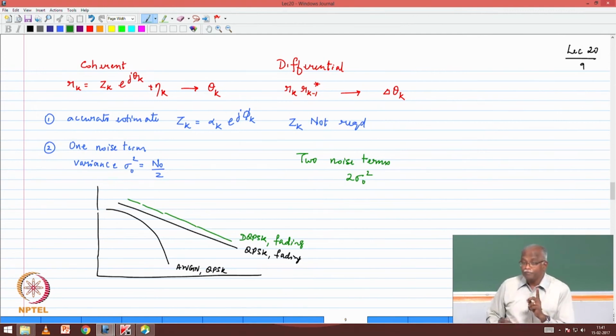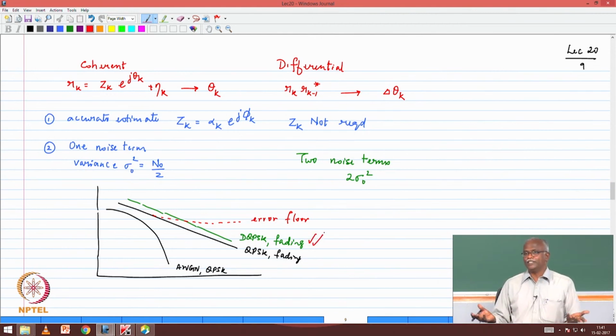Because if I have very high Doppler and I'm not able to track my channel, do you know what will happen? The bit error rate performance of QPSK will start to do this. This is called an error floor. It's not because of your modulation scheme, it's just that your receiver is not able to track the variations in the channel. And under such situations, it's probably much better to go with DQPSK, because DQPSK does not care about the Doppler, because it's not trying to track the channel, it will give you a good performance.